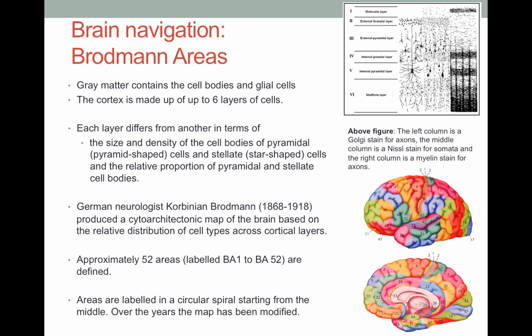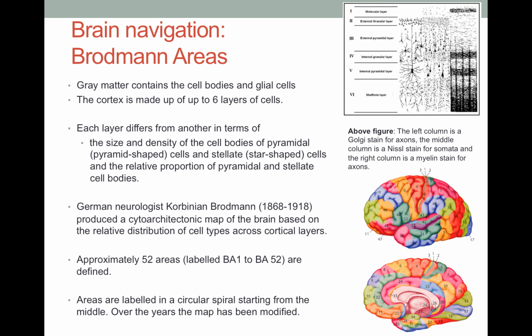The German neurologist Brodmann, who was around during a similar period to Broca and Wernicke, produced a cytoarchitectonic map of the brain based on the relative distribution of cell types across cortical layers. Approximately 52 areas labelled BA1 to BA52 are defined.